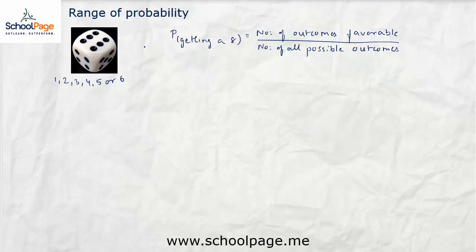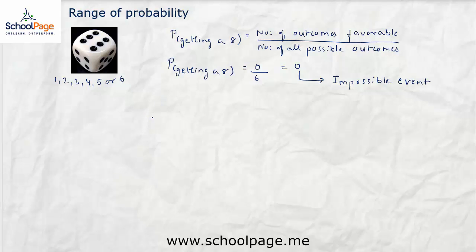Since no face of the dice is marked 8, the number of favorable outcomes is 0. All possible outcomes we know as 6, so the probability of getting an 8 is equal to 0. The probability of an event which is impossible to occur is 0, and this event is called an impossible event.